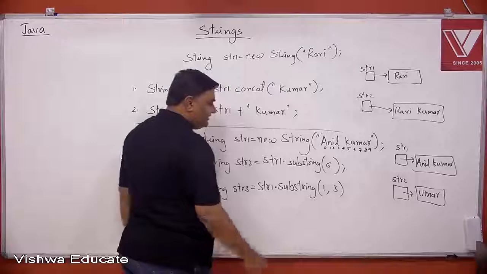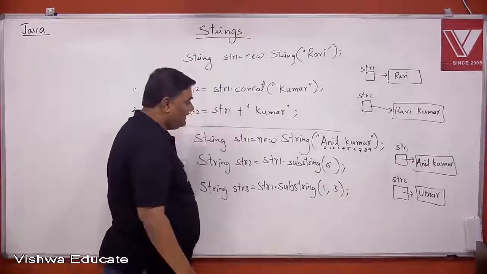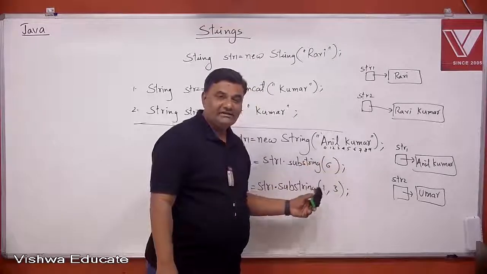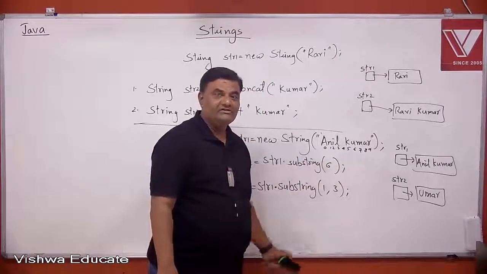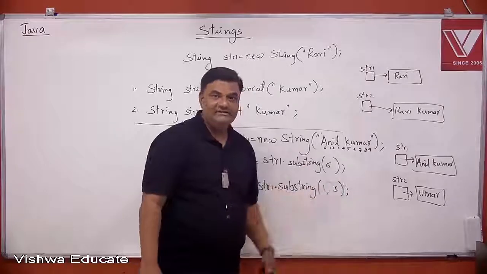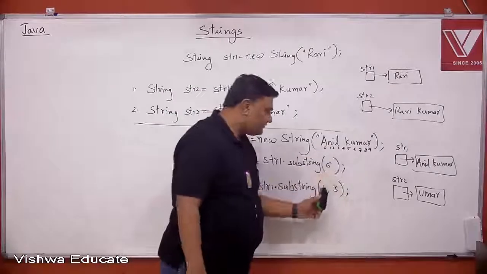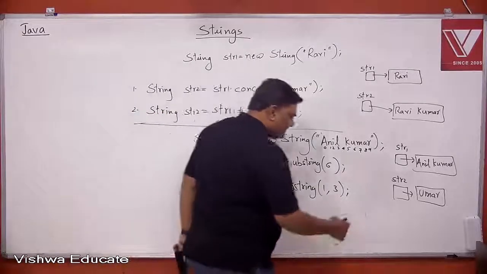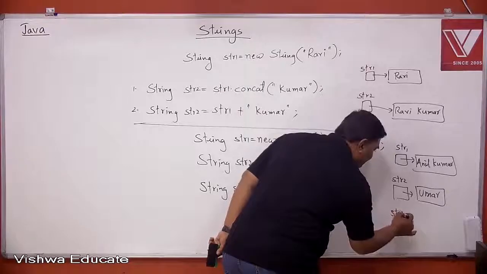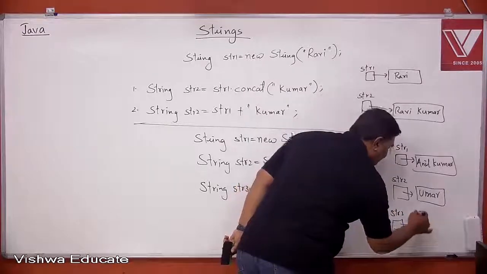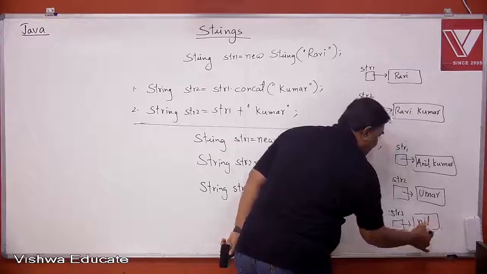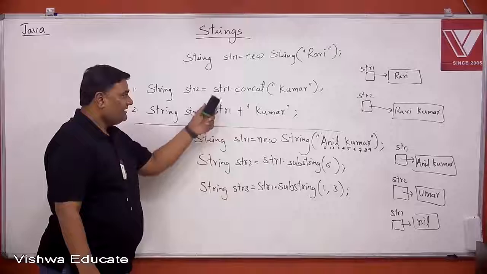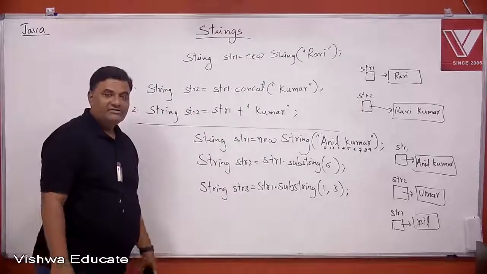So you can mention starting index and ending index, and you can get that piece of string. So for substring, starting and ending index are given. So 1 to 3, you get a new string NIL for this str3. So this str3 will be a pointer or a reference to NIL. So this is concatenation and substring. Two things I have shown you.